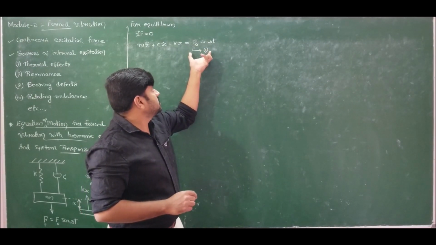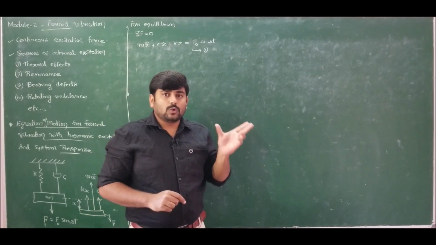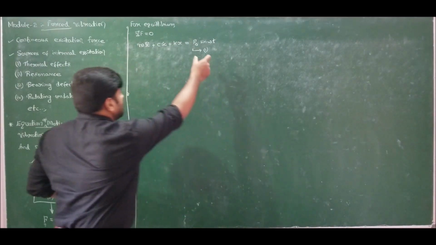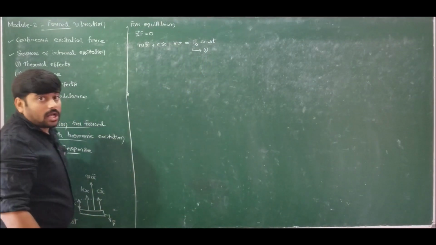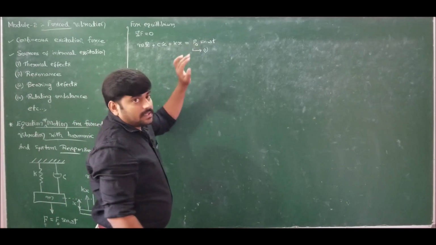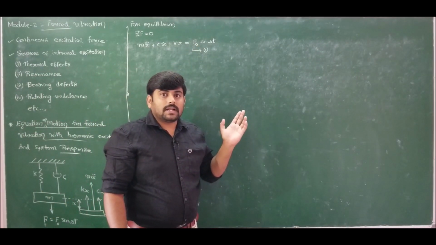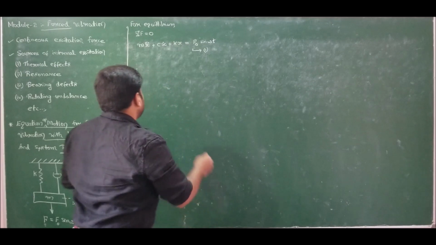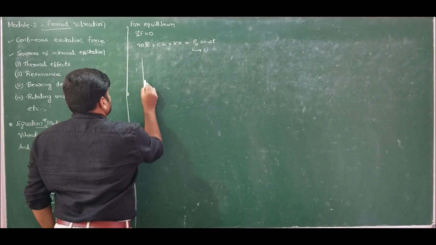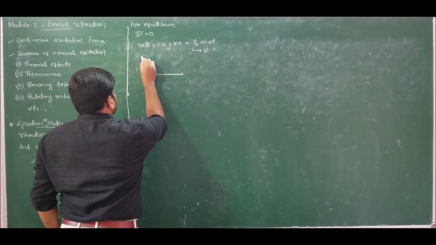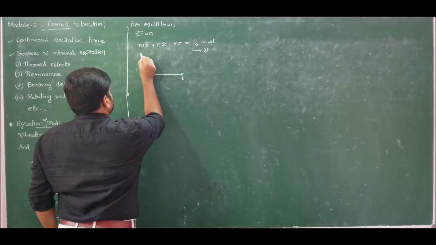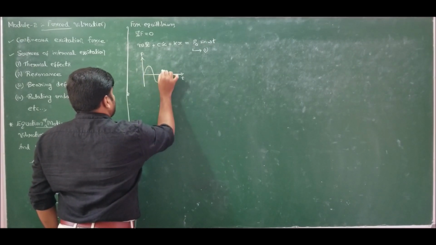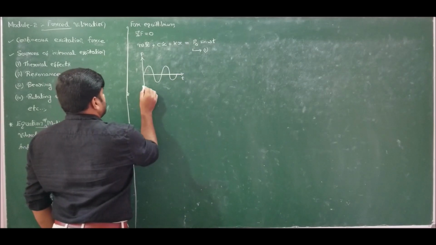In order to analyze this, the system response will have two parts. One is the transient part, another one is the steady state part. Since we are assuming the excitation is periodic and harmonic in nature, the displacement should also be harmonic, but there will be a phase difference between the force and the displacement. What I mean to say is that I am applying force F and I am assuming it to be harmonic in nature, correct?